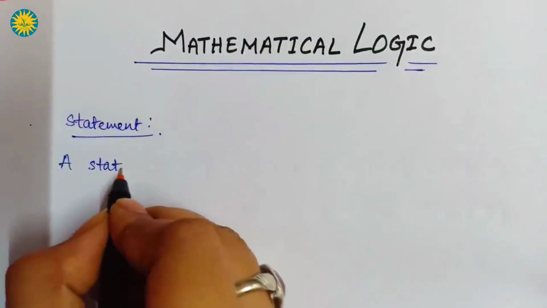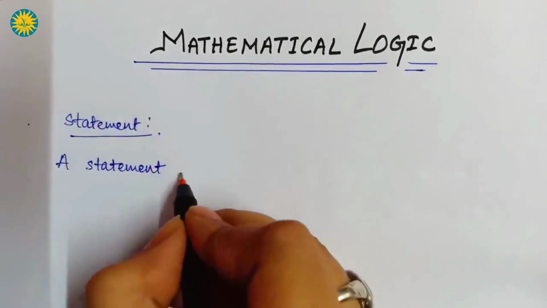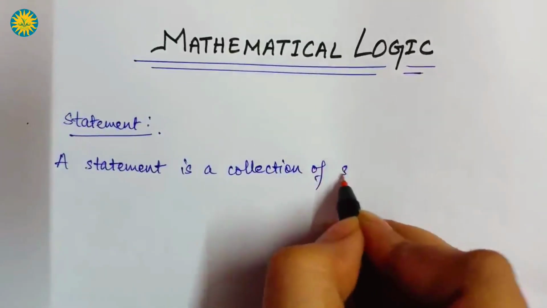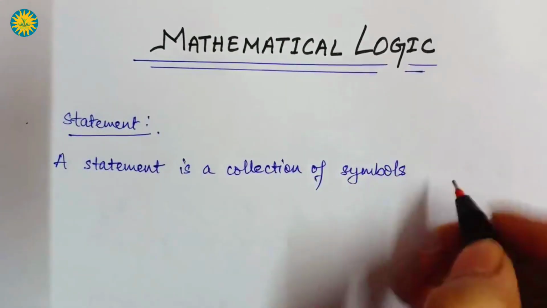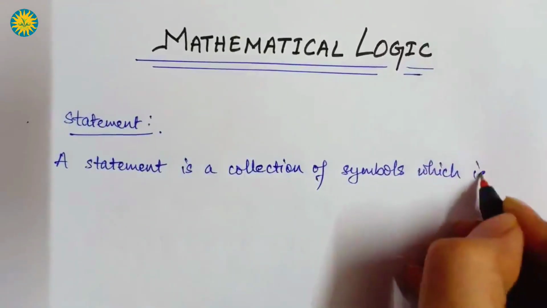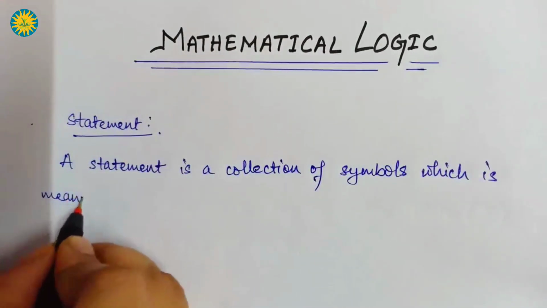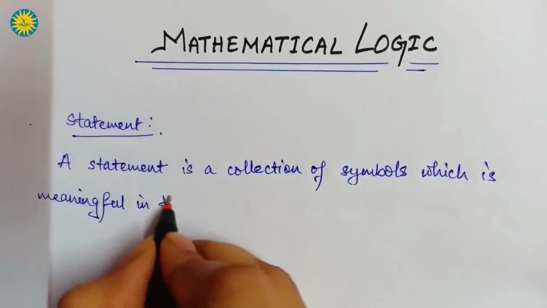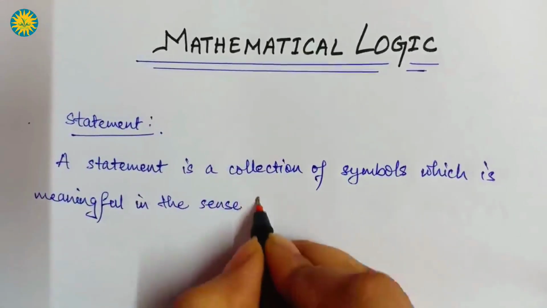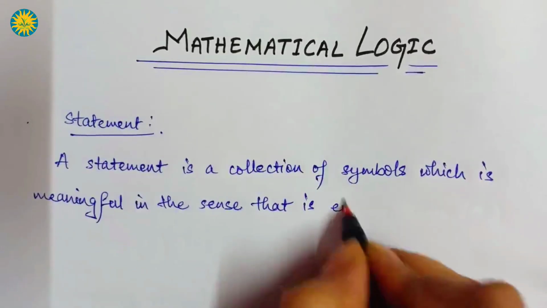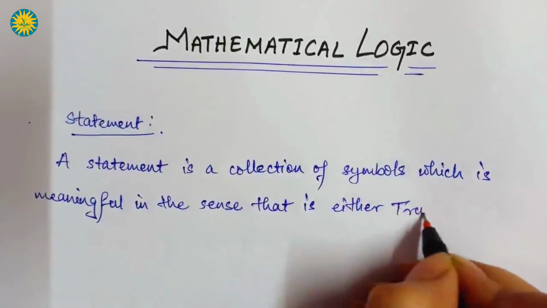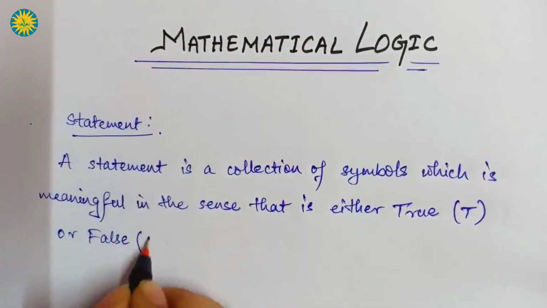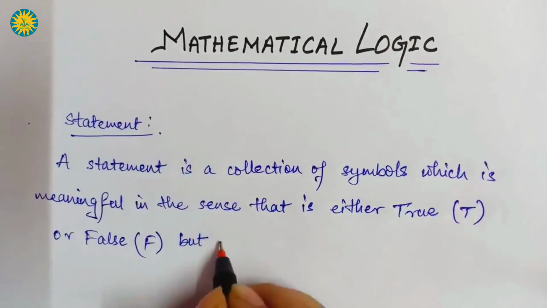A statement is a collection of symbols which is meaningful in the sense that it is either true, denoted by T, or false, denoted by F. But it can't be both.